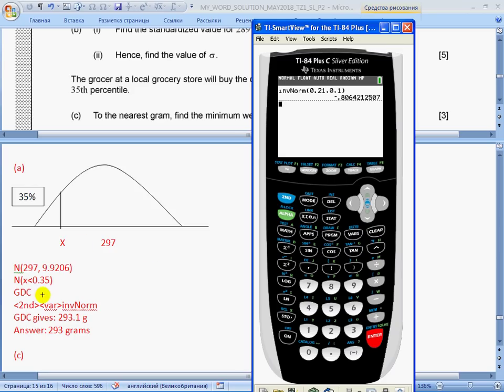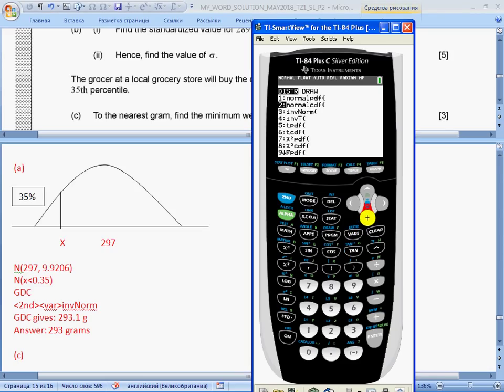So the probability will be 0.65, and we use inverse normal.